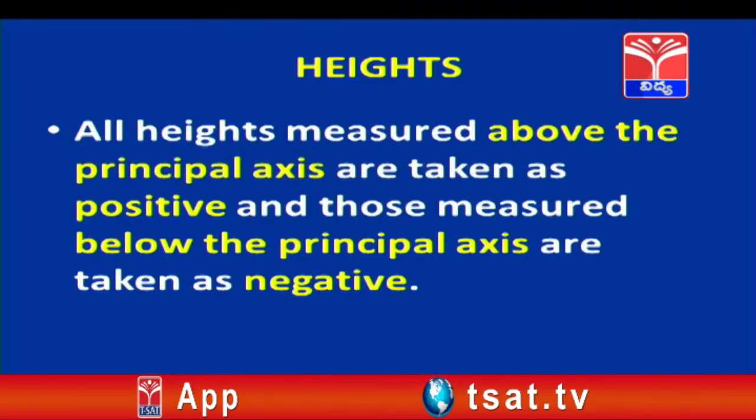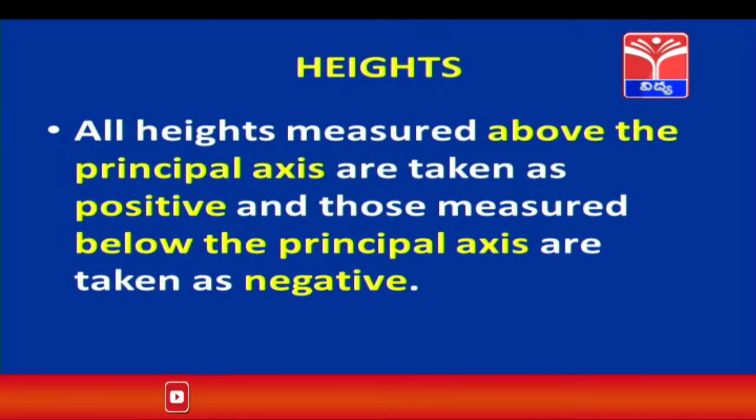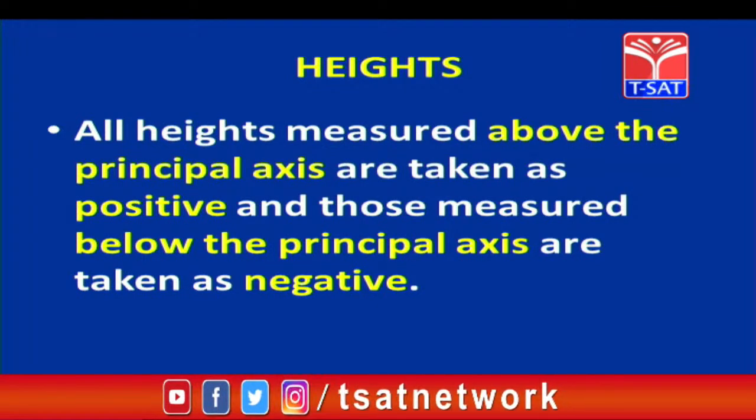So, in order to understand how the image is changing with respect to the object position or the object size, we have the third convention based upon the heights of the object and images. All heights measured above the principal axis are taken as positive, whereas all heights measured below the principal axis are taken as negative. Now, let us understand this for object and different images.